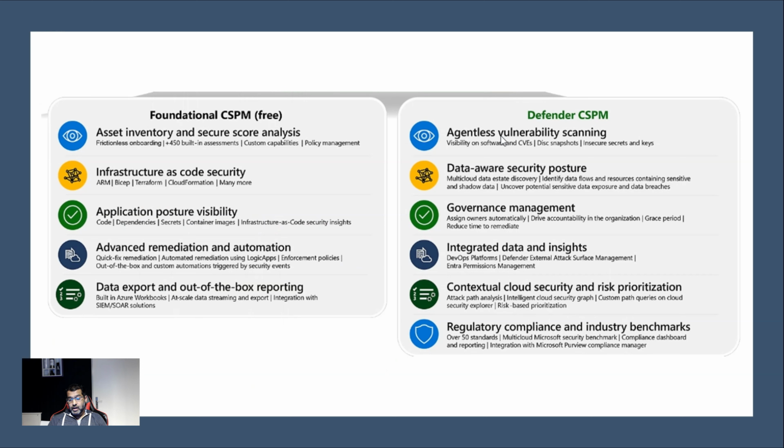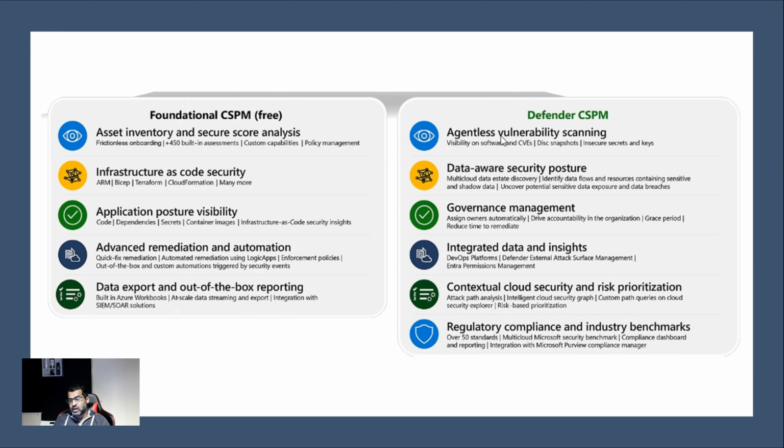There is a little bit we can talk about regarding cloud security posture management. The foundational one is cloud security posture management, the free version, where you'll be able to do the asset inventory and the secure score analysis, which we talked about a little in the previous slide.